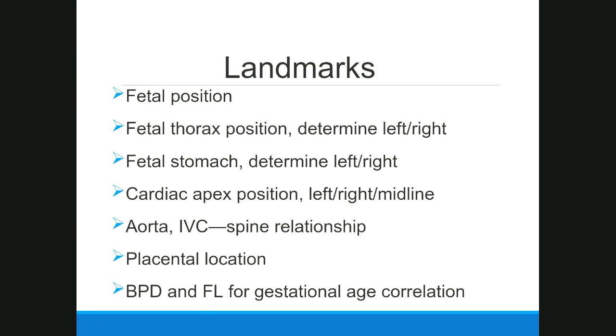If we're worried about cardiac size or thoracic cavity size, there are established norms that correlate those measurements to gestational age, and looking at the BPD and the femur length can help us determine if all of our measurements are falling in line with each other and maybe our dates are just off, or if we only have one or two measurements that are not correlating well, then we've got a bigger problem we need to evaluate.